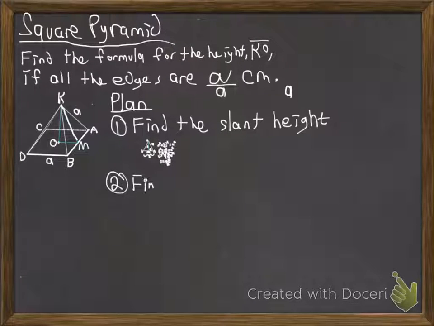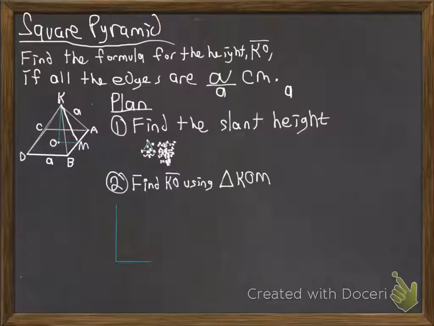Okay, so step 2. Let's find the height using the triangle KOM. Alrighty, so we are using this triangle here. Let's keep going. Dropped my pen.